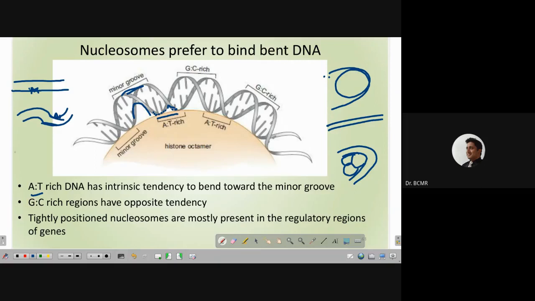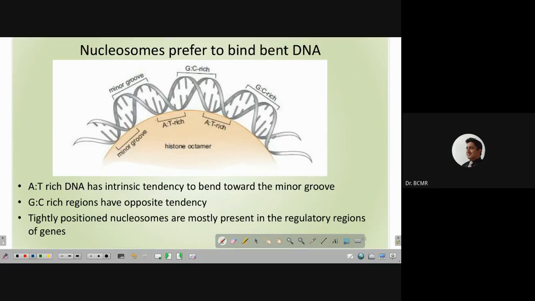Instead, think of it like this. You have a DNA, because of AT, it is bent in this direction. And you have GC here, which may have a little bit of the opposite. They might bend like this. And you have AT again, you might have bending like this. What is shown here is that.